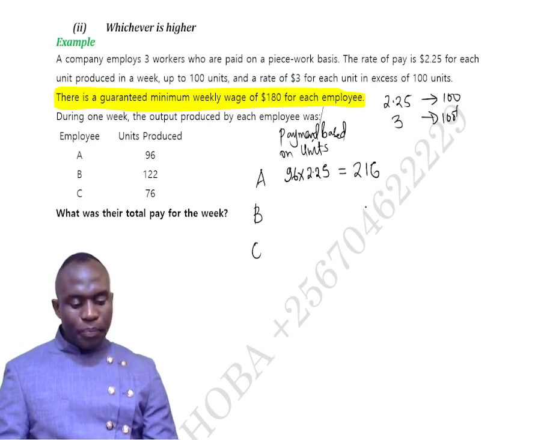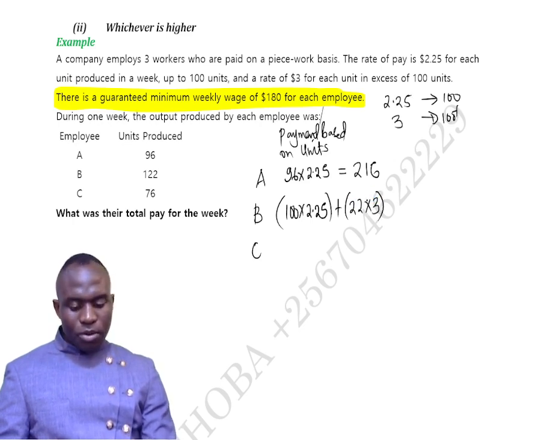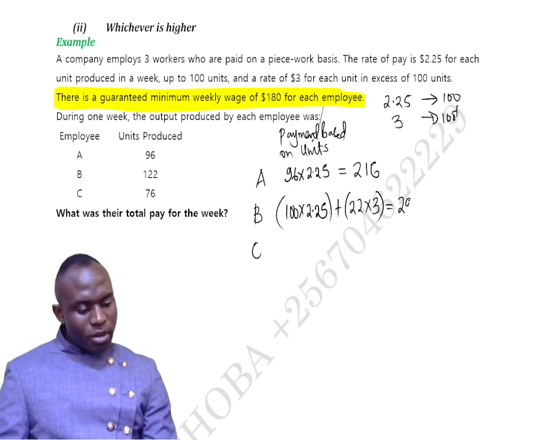Then B is producing 122, so this is divided into 2. It is 100 at 2.25. Then the extra 22 units, they are paid at $3. So the total is 225 plus 66, we get 291.